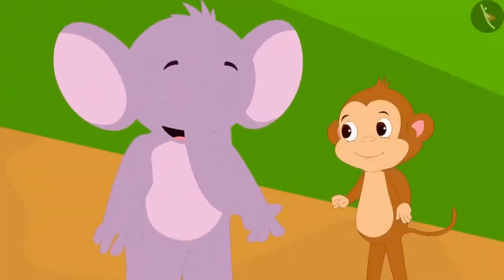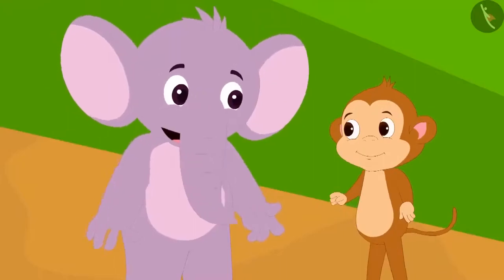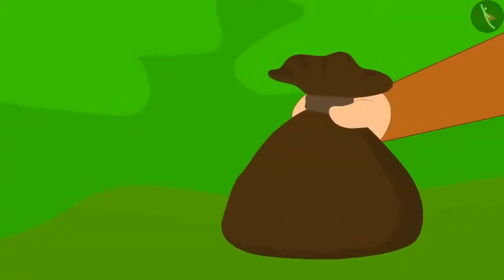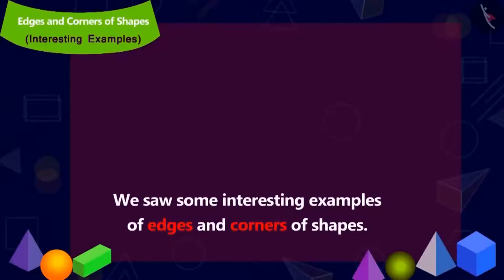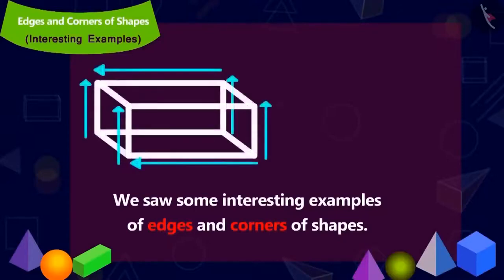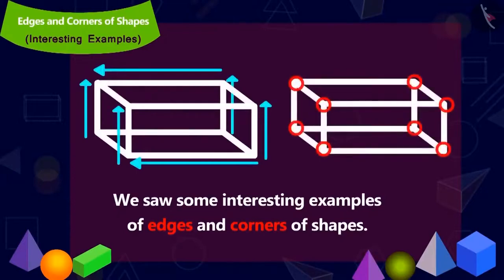Appu explained the correct answer to Babban and took money for the peda from him. At last, Babban learnt a lesson. Children, in this lesson, we saw some interesting examples about the edges and corners of shapes.